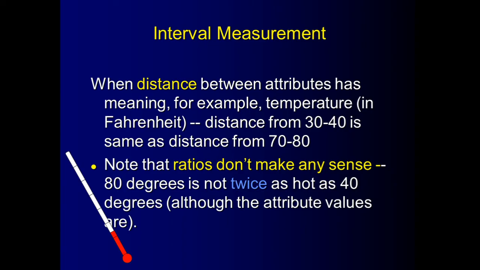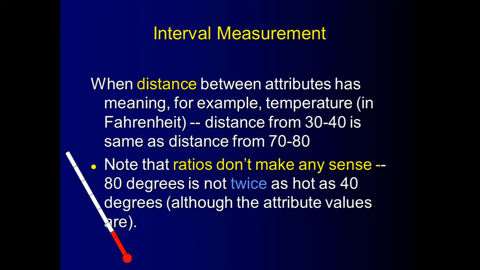If you go back to interval again, instead of temperature, you take age as an example. Somebody's age is 1 year, somebody else's age is 2 years. So the distance between 1 and 2 is 12 months. And that distance is the same as the distance between 2 and 3 years or 3 and 4 years.